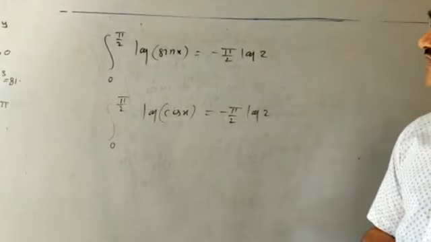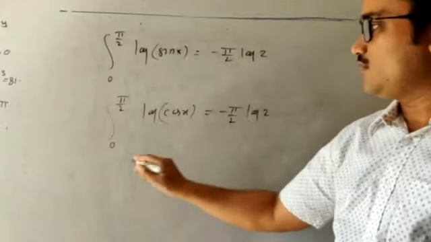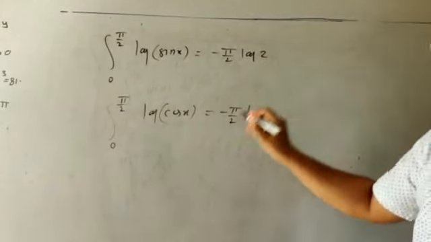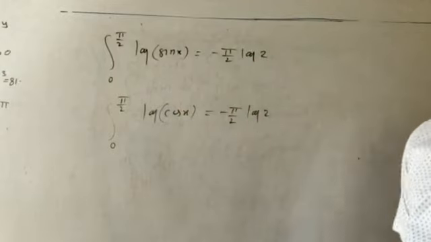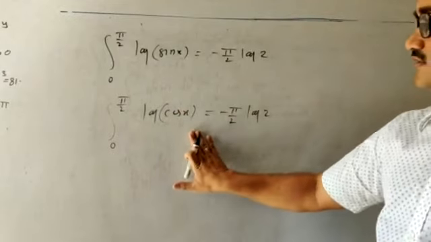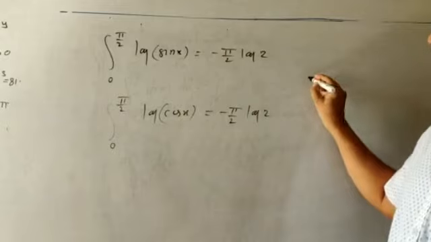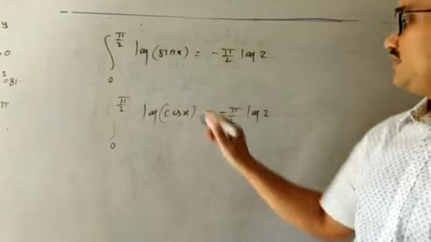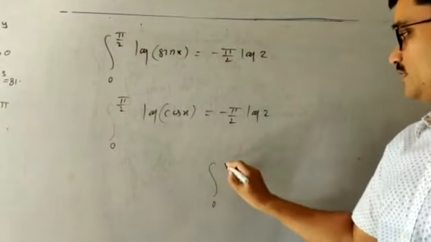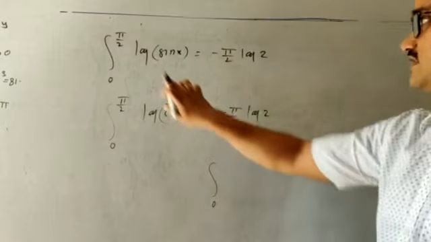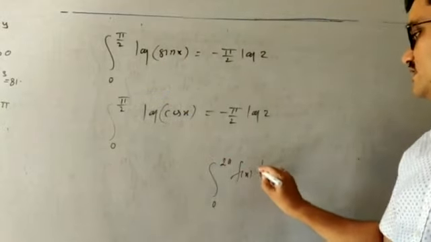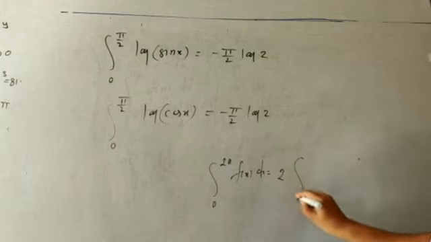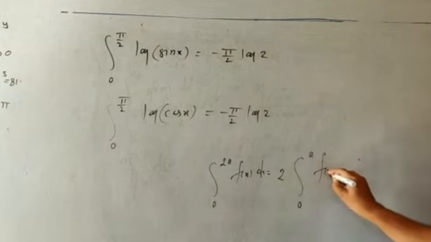Fine. The next one is, these are sin and cos. Now if a similar question is asked in case of cot, is this clear to all? Write down this. If you apply the property, integral 0 to 2a f of x dx is nothing but 2 times integration 0 to a f of x dx.